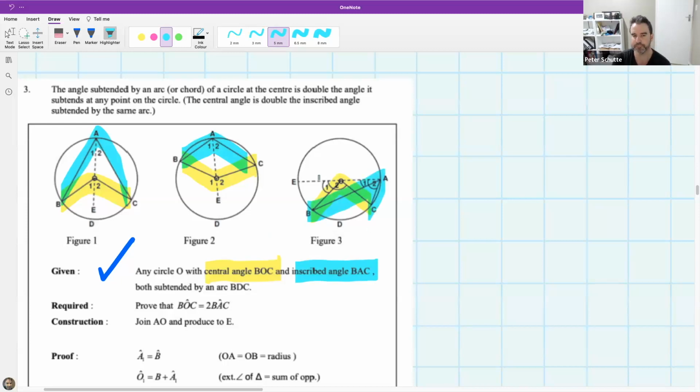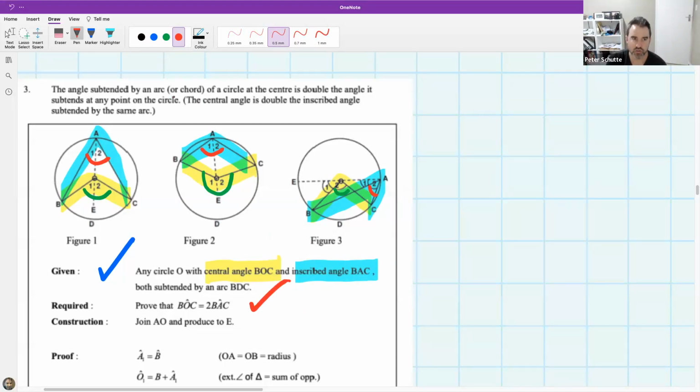It looks like that. So you need to prove, in this theorem, that this angle over here is equal to twice this angle over here. So that's what you need to prove.